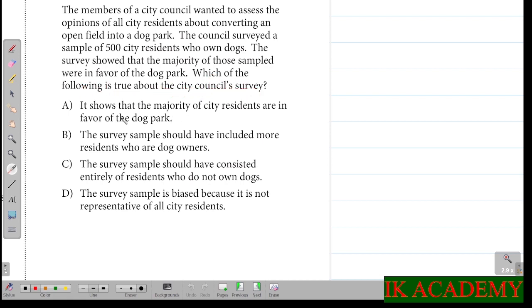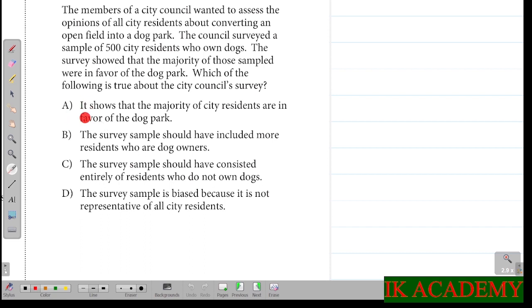So in this survey, the sample of 500 city residents are already dog owners, and there is none of those persons who are not dog owners. And it shows that the survey introduced a biased sample because it doesn't represent all city residents.